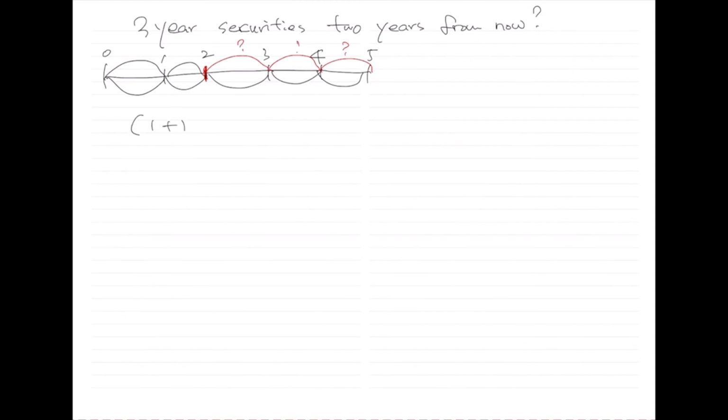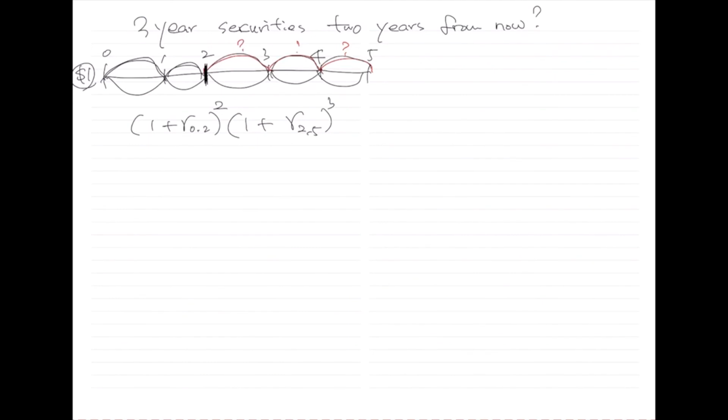1 plus R02, 2-year securities. And when you assume you invest $1 today, it compounds 2 times, right? And then 2 years after, you buy 3-year securities, but we don't know the rate. R25, and power of 3 because it compounds 3 times, right?